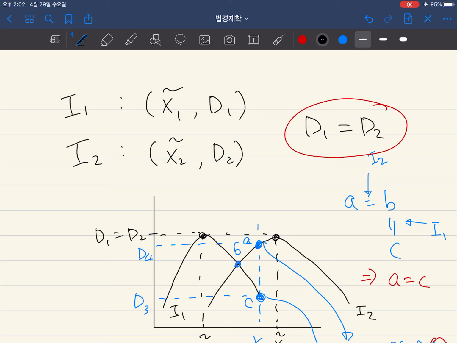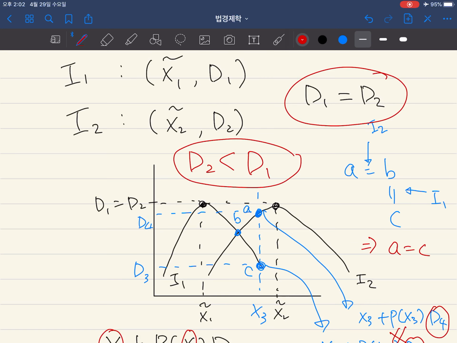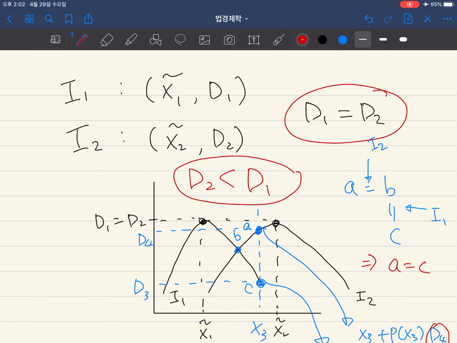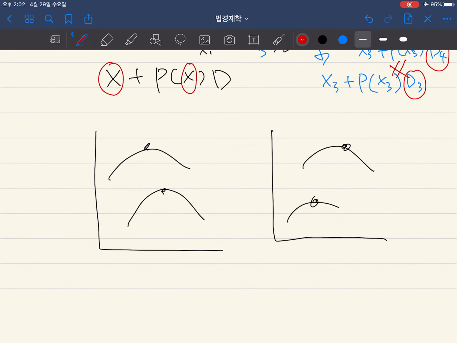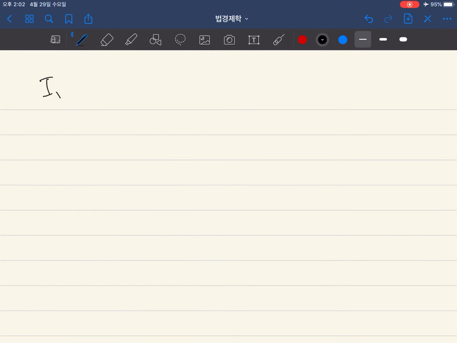So let's suppose D1 is bigger. I1 has a max at this point, and I2 has a max at this point, and we suppose D1 is bigger.